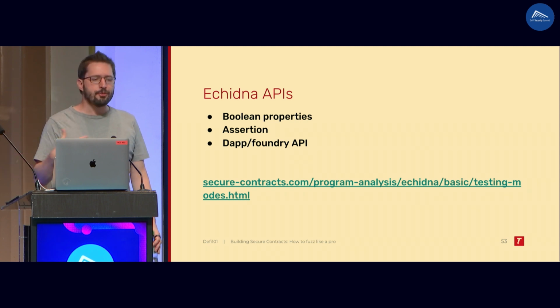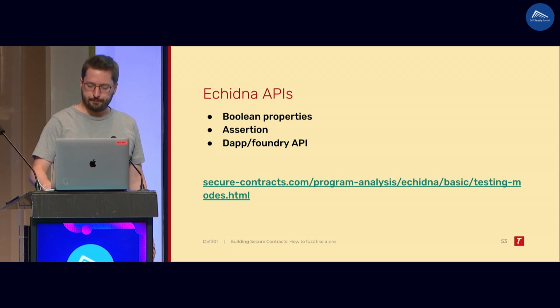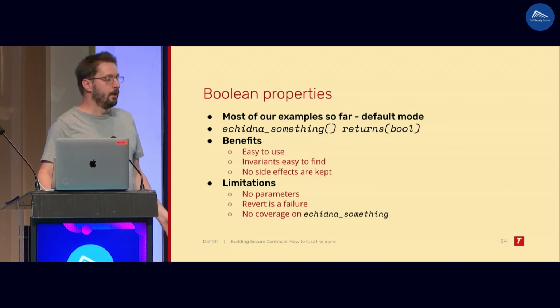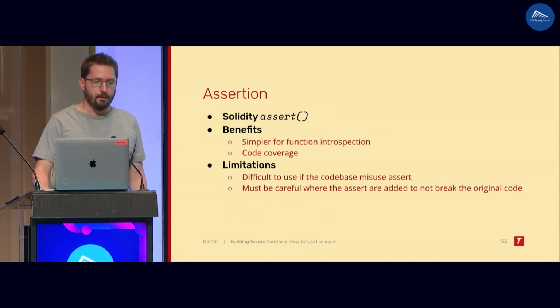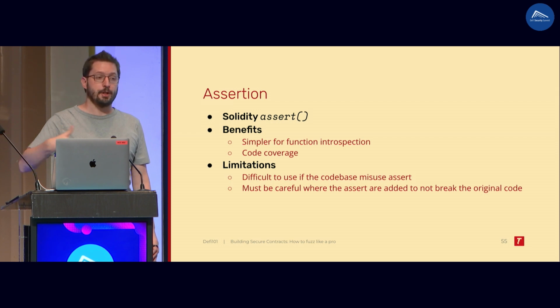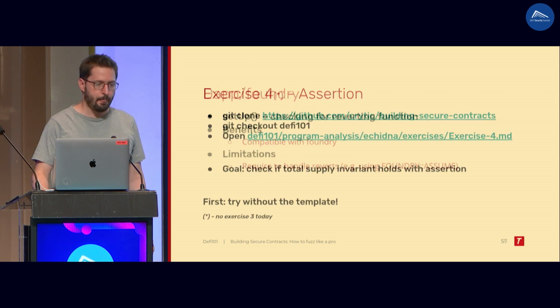DApp Foundry is mostly the same as the Boolean property, but you have a setup function and so on. For assertions, you just add additional asserts to the code base.